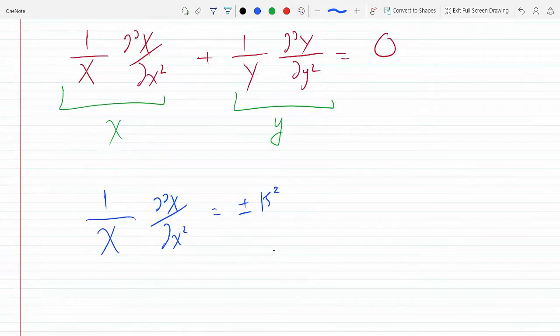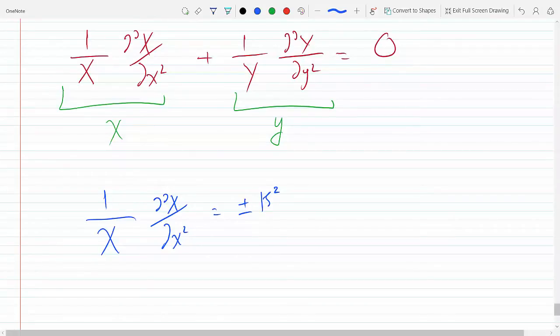If you pick plus k squared and try to solve this, you're gonna get exponentials. And if you pick minus k squared, you're gonna get sines and cosines. So the question is, what does the x term accommodate? Sines and cosines or exponentials?